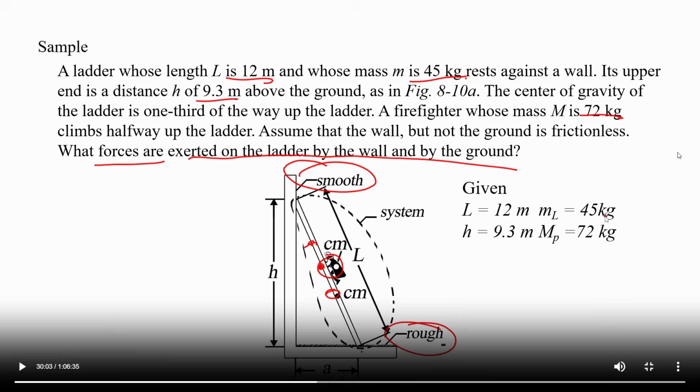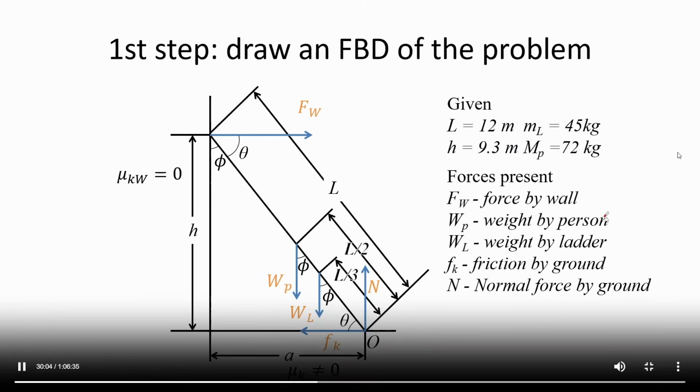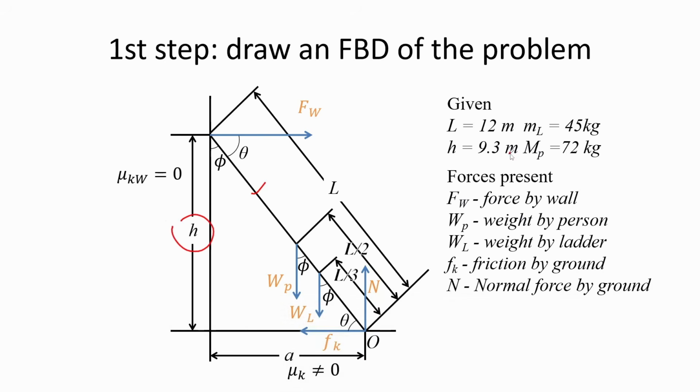Okay, let's go. So this is a free body diagram of the system. You have the ladder here, and you have the height, which is 9.3 meters, given. The ladder length L is also given, and you have the masses. So therefore, since there are masses, you know the weight of the person and the weight of the ladder.